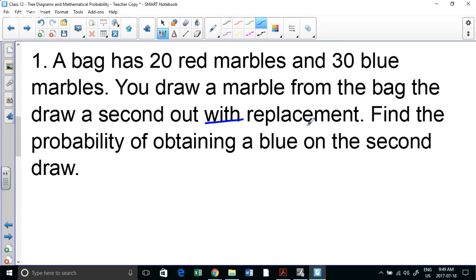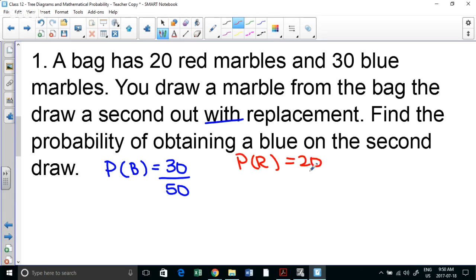Find the probability of obtaining a blue on the second draw. So I pick out a marble and I put it back in. In this case, the probability of blue is 30 over 50, since we have 50 marbles in the bag, and the probability of red is 20 over 50.